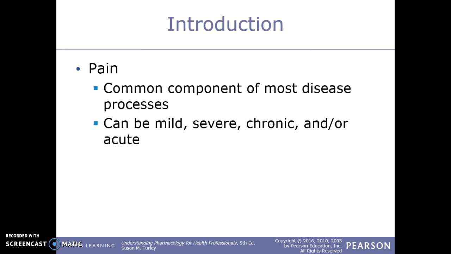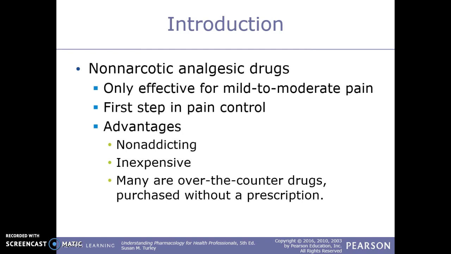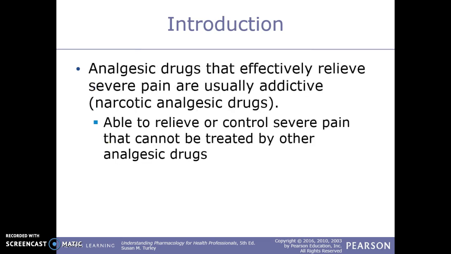Not exactly something that we can always do, but that's what we're going to strive for, especially to go with the non-narcotics first. That's for mild to moderate pain. And these are available over the counter. You could be talking about things like acetaminophen or Tylenol. And then when it gets to more severe pain, that's when we're going to get into those narcotic analgesics.